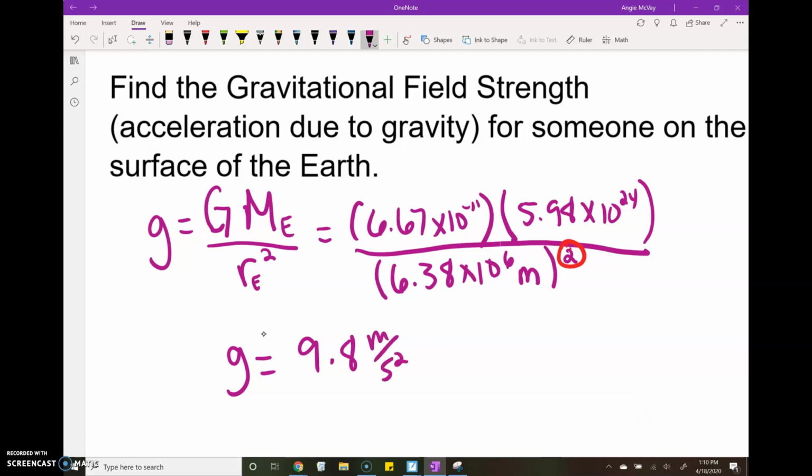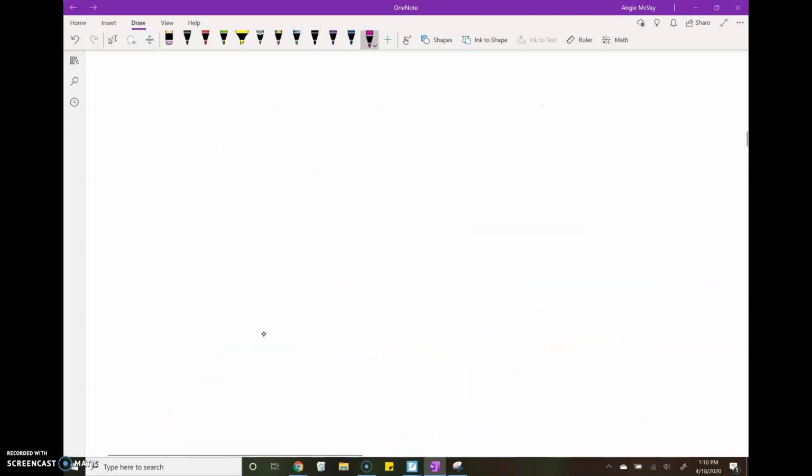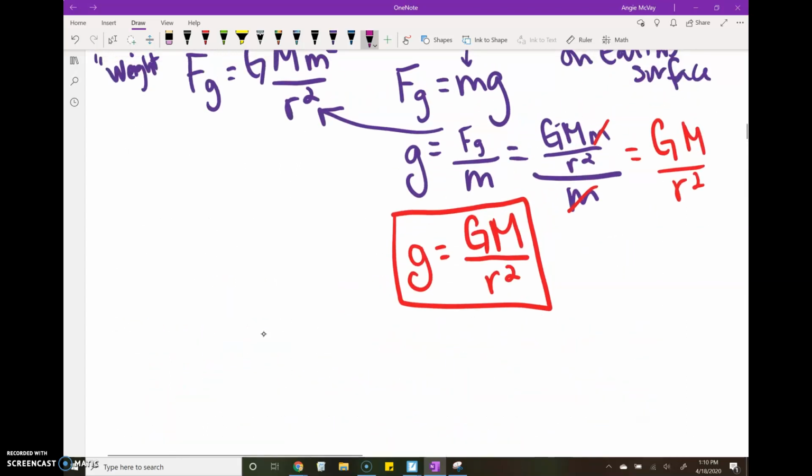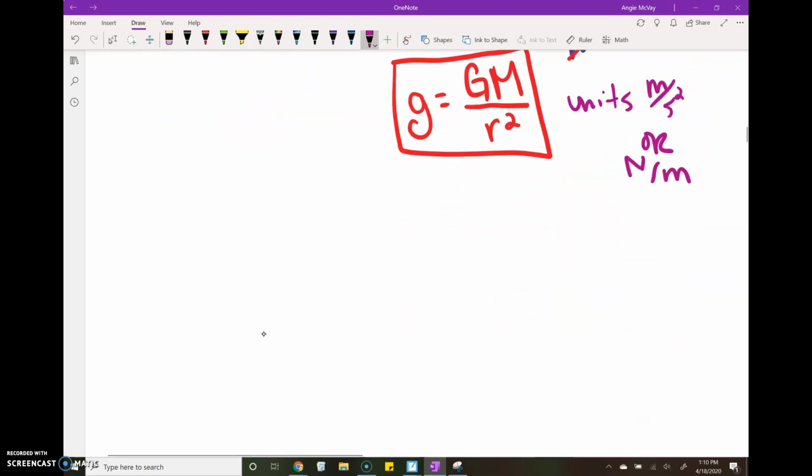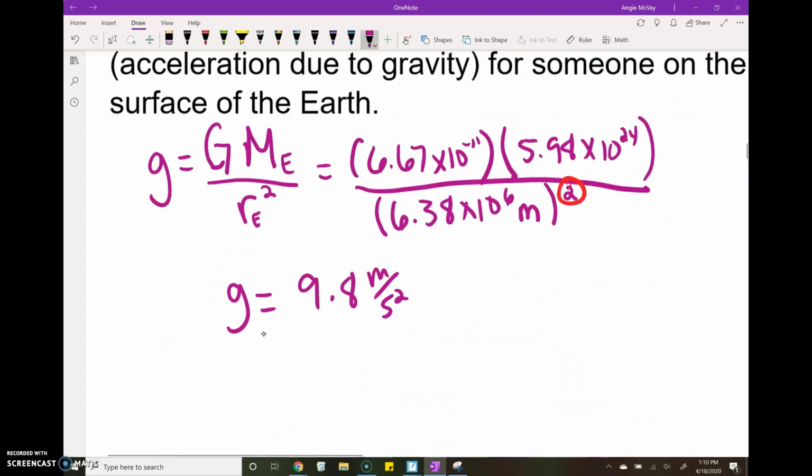What's another unit that we could use for gravitational field strength? Remember up here, we said gravitational field strength is force over mass, so its units are either meters per second squared or newtons per meter. Both of them are absolutely valid.